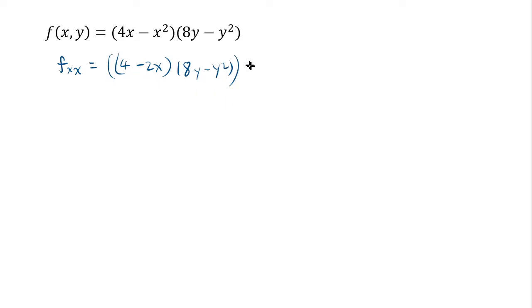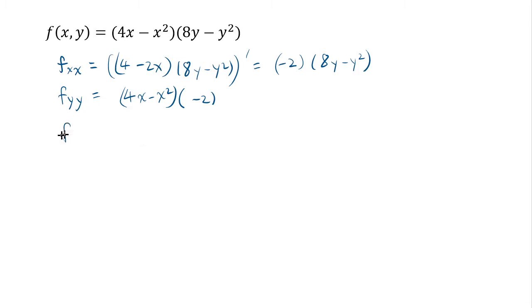So if you differentiate this again by x, it's going to be just negative 2 times (8y - y²). Whereas if you differentiate f_y by y twice, it's just this one that you end up differentiating, right? So it's just going to be negative 2 times (4x - x²), because that 8y, if you differentiate twice, it's 0. If you differentiate negative y² twice, you get negative 2.